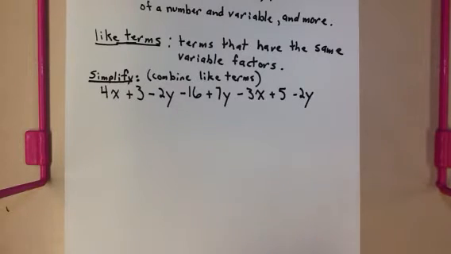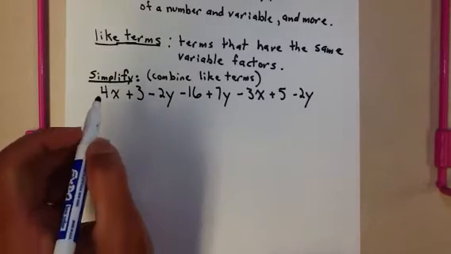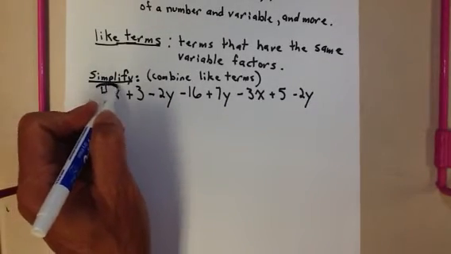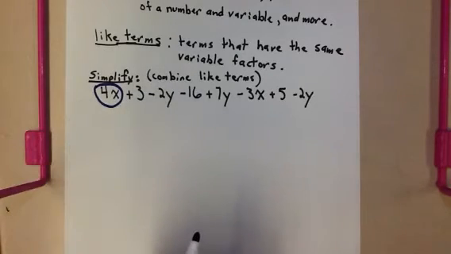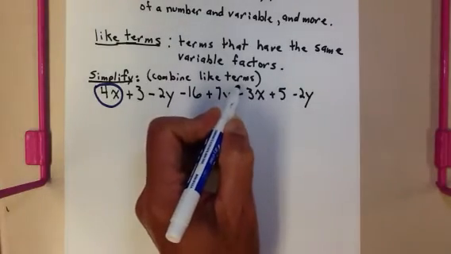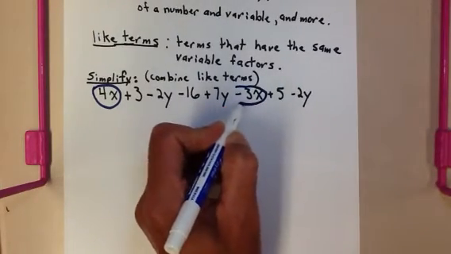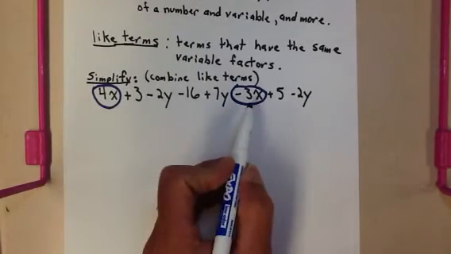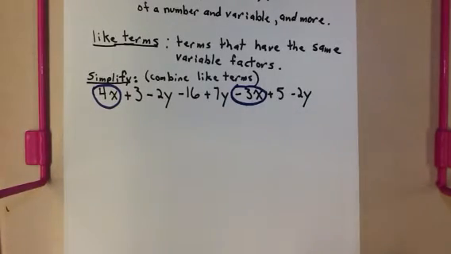So I've got myself a few colors laid here, and I'll start with my x's. Okay, this is actually a number times x. And let's see, are there any others? Oh yes, here's negative 3x. So those are like terms. Even though this one's positive, this one's negative, we would consider those like terms.